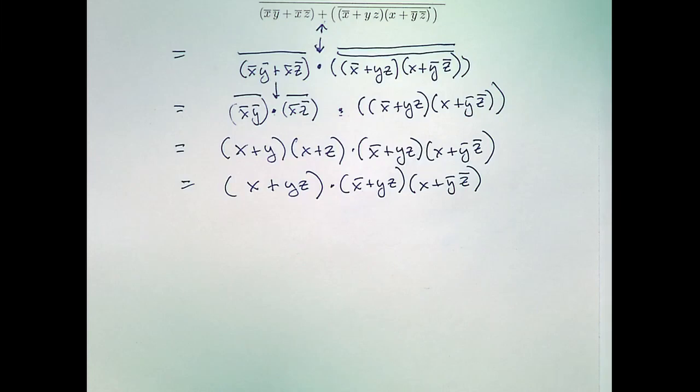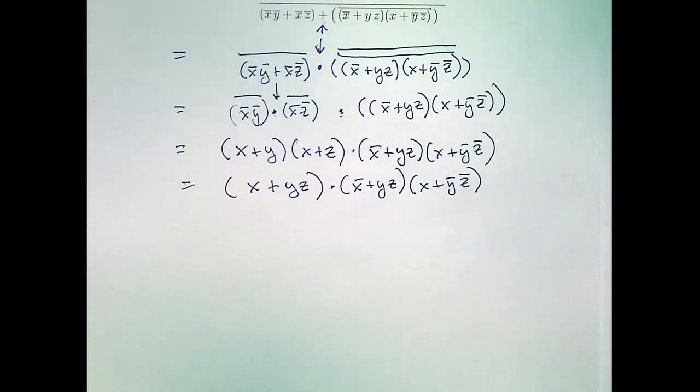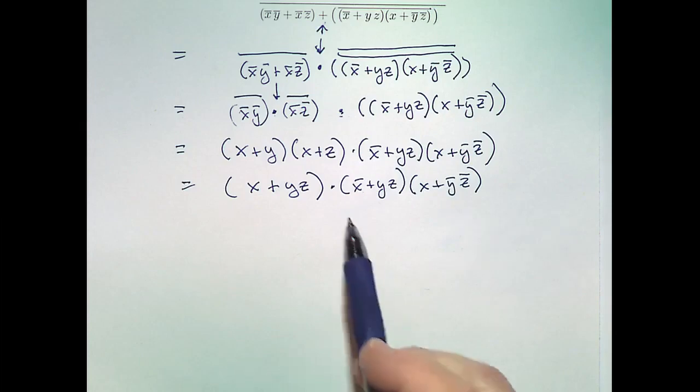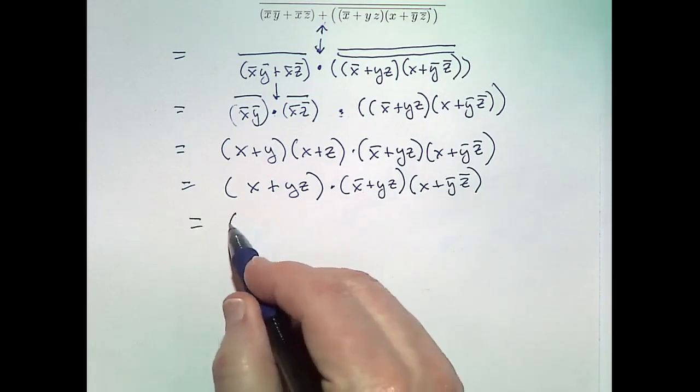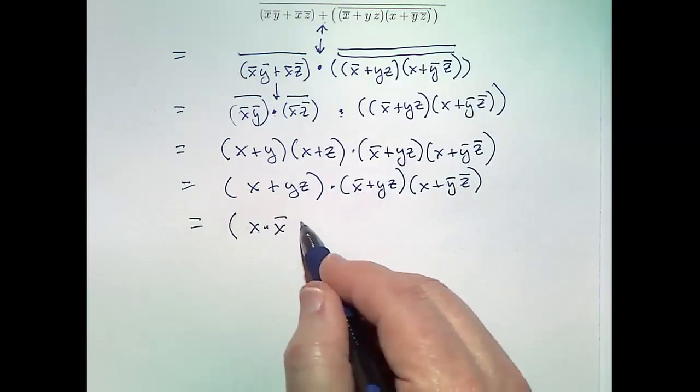Yeah. The x plus yz and the x bar plus yz, isn't that simplified to just yz? Under what rule? The same rule we just applied on the left side? The strange distributive law? Well, okay, so you want to have x times x bar plus yz.